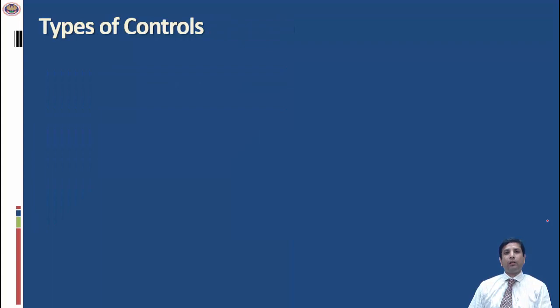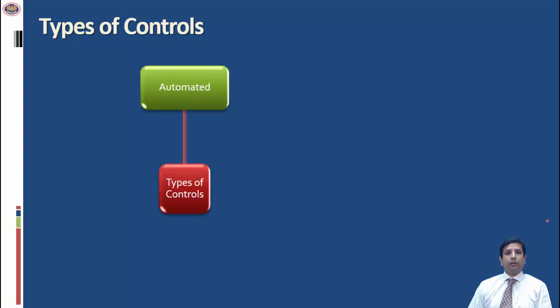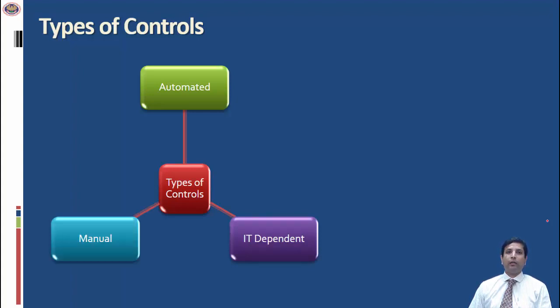Now let us recap what are the different types of controls a company could have. There could be automated controls, there could be IT dependent controls, and there could be manual controls. General information technology controls, that is GITCs, are relevant to automated controls and IT dependent controls. GITCs are not generally relevant to the manual controls of a company.